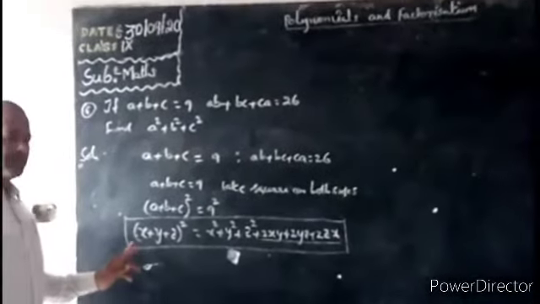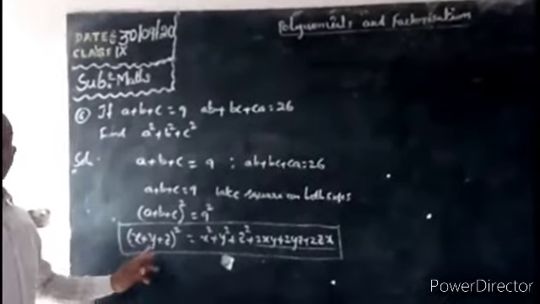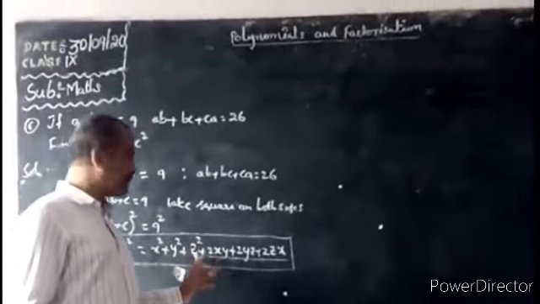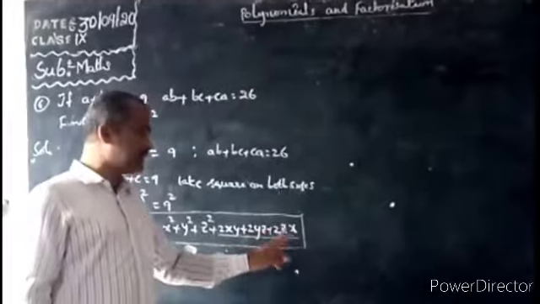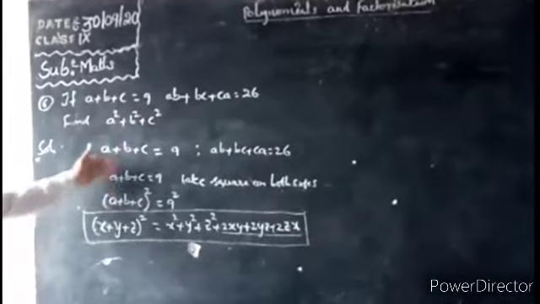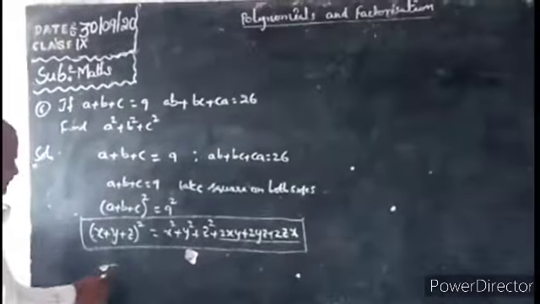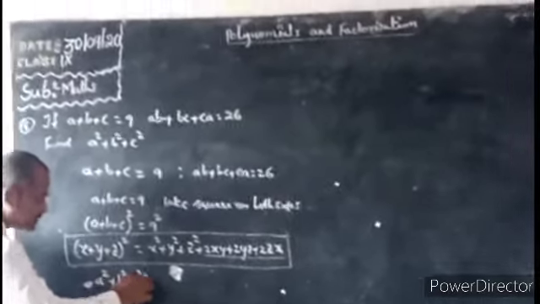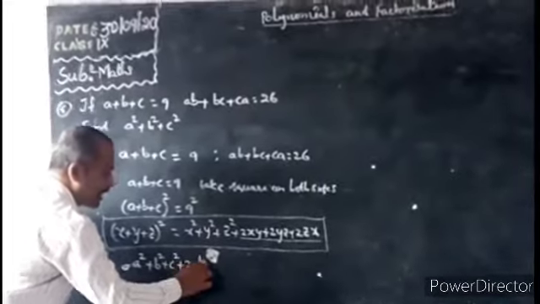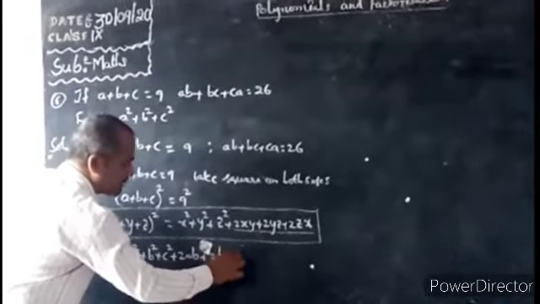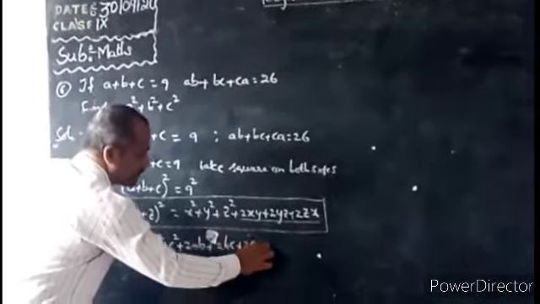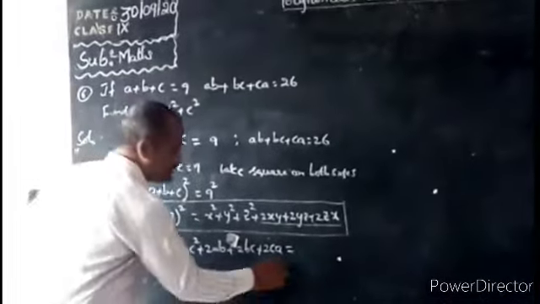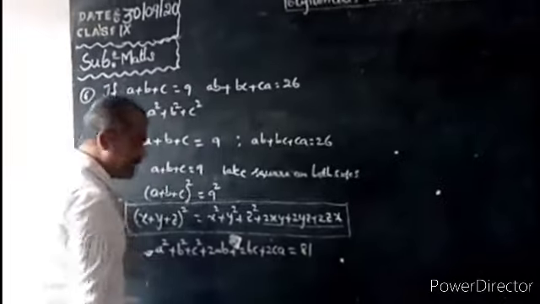What identity are we going to use? x plus y plus z whole square is equal to x square plus y square plus z square plus 2xy plus 2yz plus 2zx. Now write as per this identity: a square plus b square plus c square plus 2ab plus 2bc plus 2ca, that is equal to, on the right side, 9 square. 9 square value is 81.